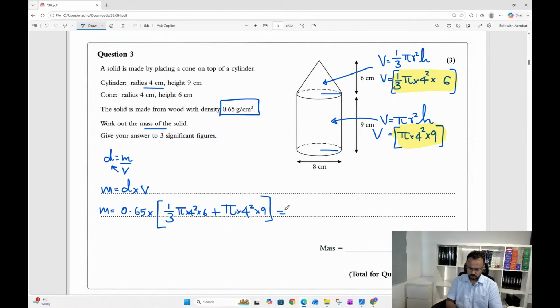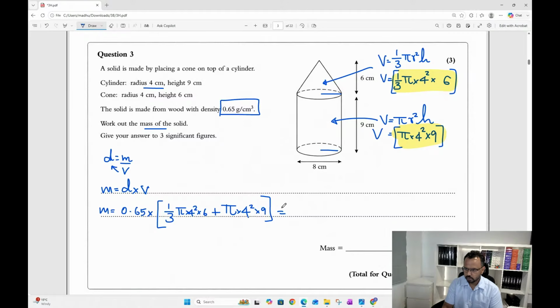So let's just quickly enter it. 0.65 times open brackets 1/3 pi times 4 squared times 6 plus pi times 4 squared times 9, close bracket, and hit the equal button.